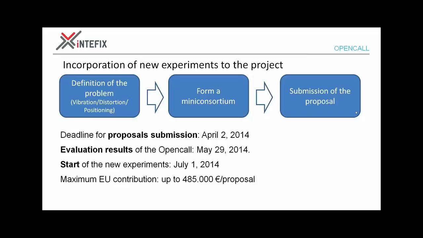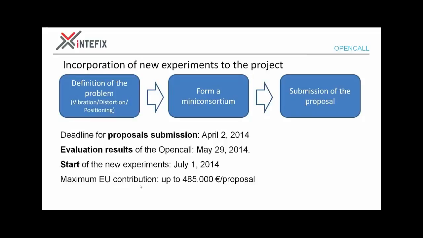Well, as you probably know, the deadline is April 2, and we expect to have the evaluation results by May 29. And basically, the idea is to start the new experiments within the project on July 1.